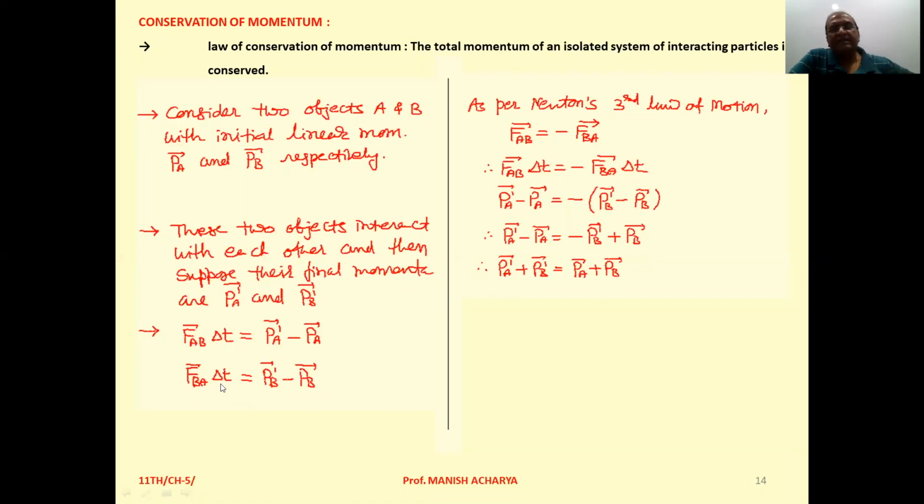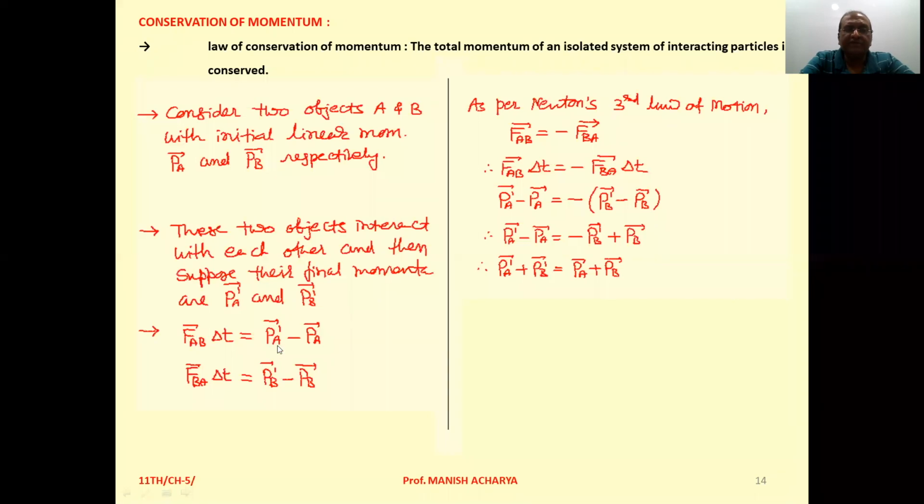But as per Newton's third law of motion, we have force on A by B equal to minus force on B by A. So here multiply both sides by delta T. So we can write vector FAB into delta T equals minus vector FBA into delta T.